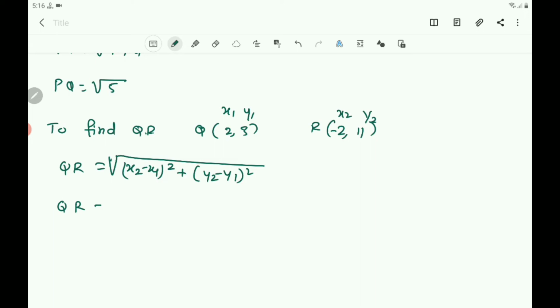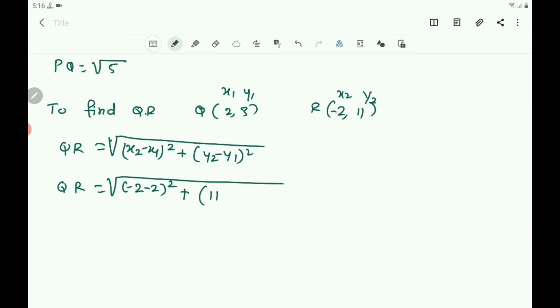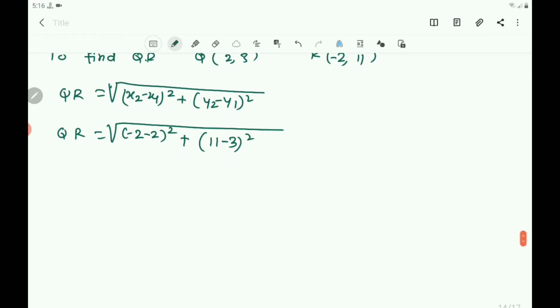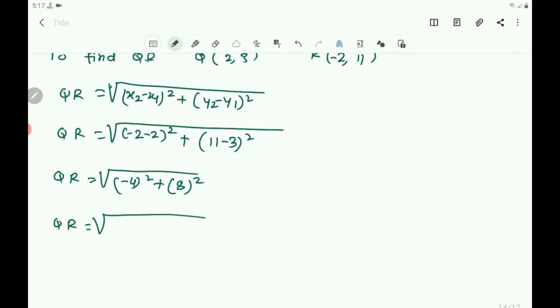So QR equals root of (-2 minus 2) whole square plus (11 minus 3) whole square. That is (-4) whole square plus 8 square, so 16 plus 64.